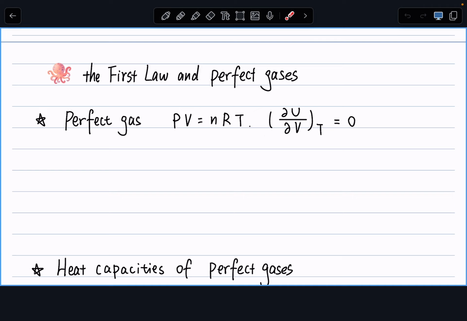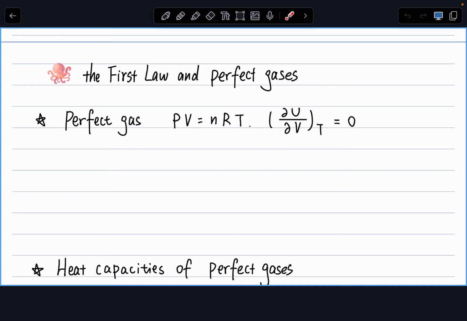So these are additional relationships, and we have two sets of relationships. The first set, P, V, and T, defines the thermodynamic state. We need a second set that links our internal energy or enthalpy with respect to changes of temperature and volume or pressure.